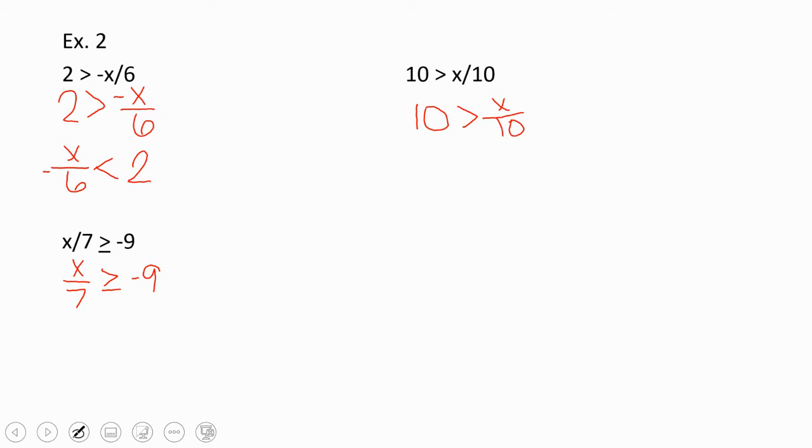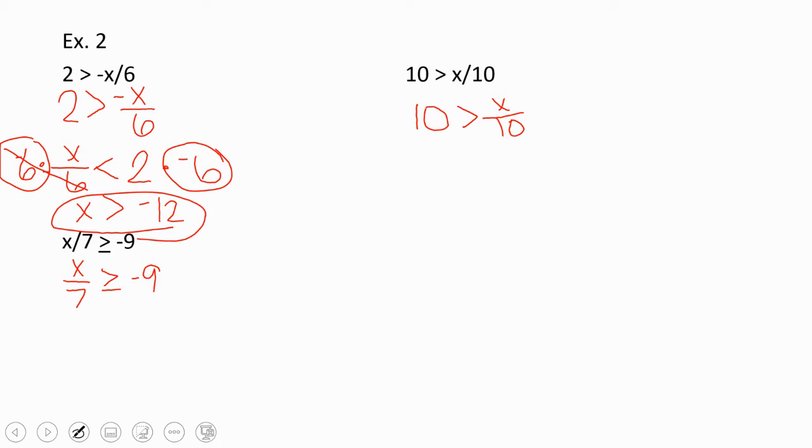So to get a positive x, I need to multiply both sides by negative 6. Alright, so those go away. x, negative 12 is the result. Since I multiplied by a negative, I'm going to flip my sign. Strictly greater than, so open circle, shading to the right.